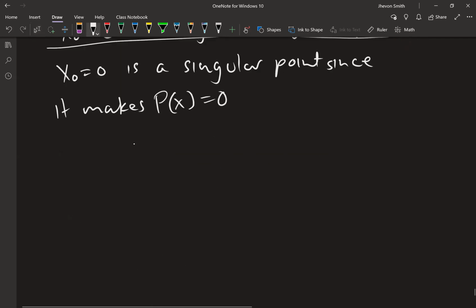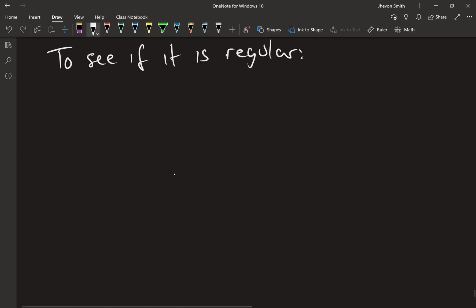So to see that it's regular, you need to check two limits. You need to check the limit as x approaches 0 of x minus 0 times q over p.